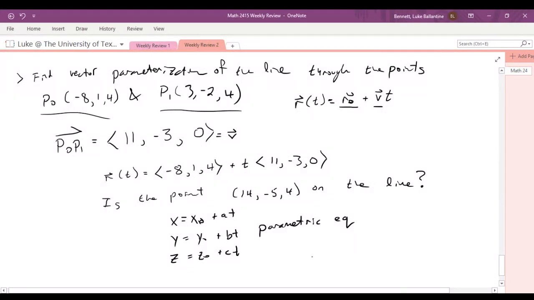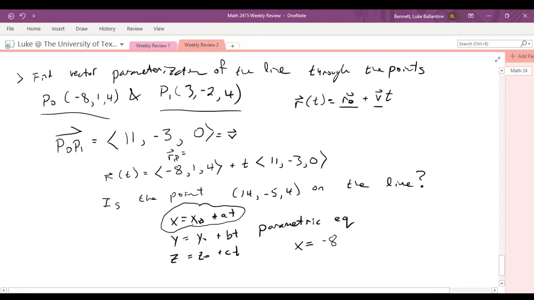So what would x be in this case? For the parametric equation, it would be x naught plus at. Remember the point r naught, which is right here, is analogous to negative 8. And then we plus at.